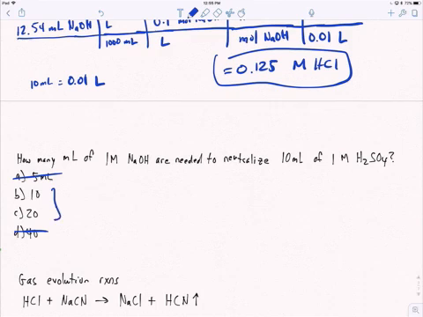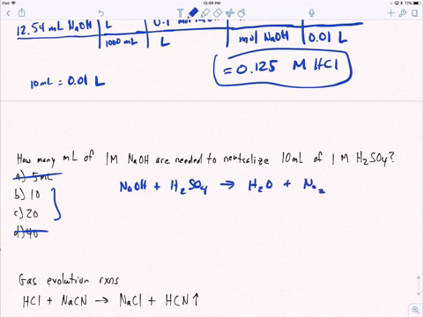So write out the equation, NaOH plus H2SO4 yields H2O plus sodium sulfate. So we balance it like so.